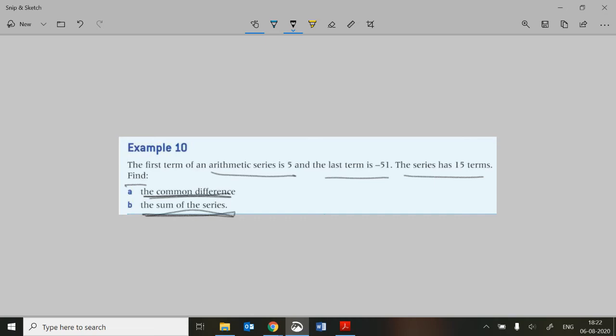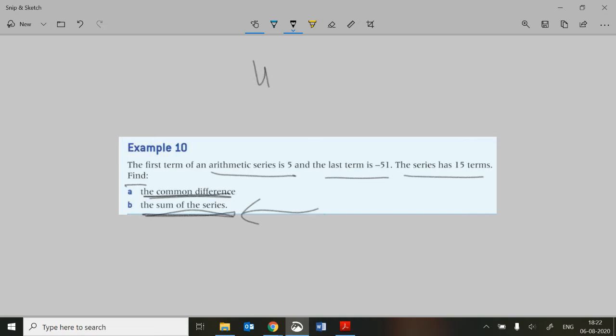Okay, so we've worked out the sum of the series. That's what we just did. But the common difference you'll have to work out from Un. If your aim is just to work out the sum of the series, you don't need the common difference. So you can write down that the first term is 5.